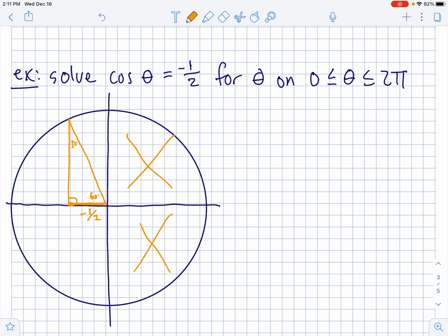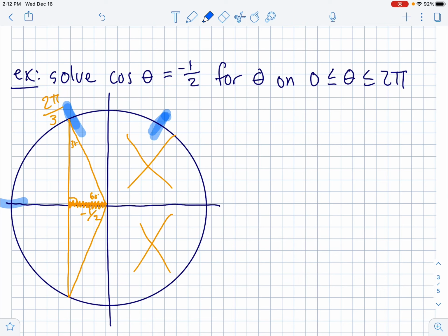Now, if you count by 60s, let's see. 60 is pi over 3, so this is pi over 3, and this is 2 pi over 3. So that's one spot where it happens, but if you take that triangle and reflect it down into quadrant 3, there is another one right here that has that same base of negative 1/2 that they share.